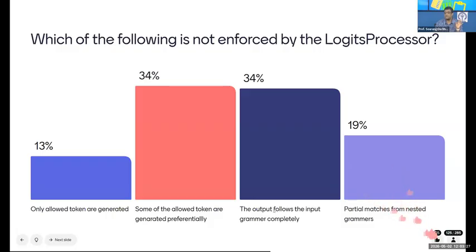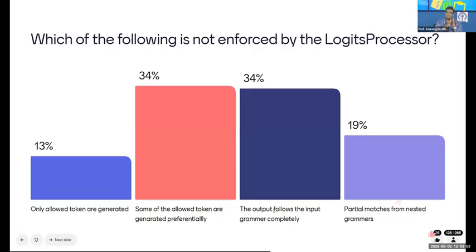For example, if it has to be a 10-digit phone number, when the LLM has generated 5 digits, that is when the logits processor actually starts, right?